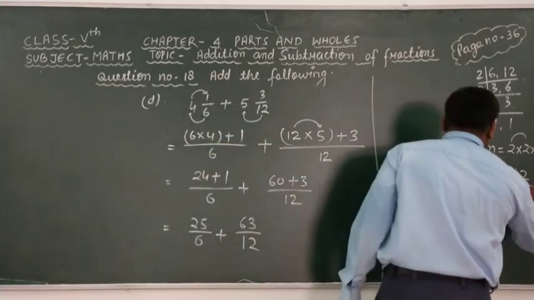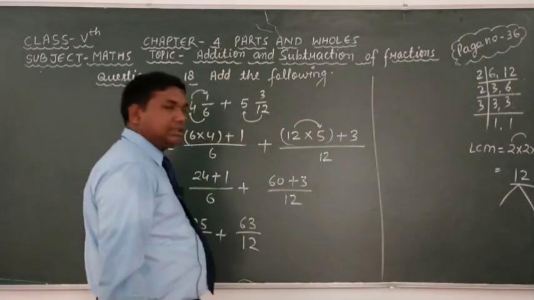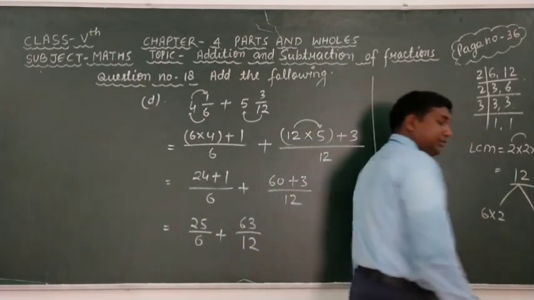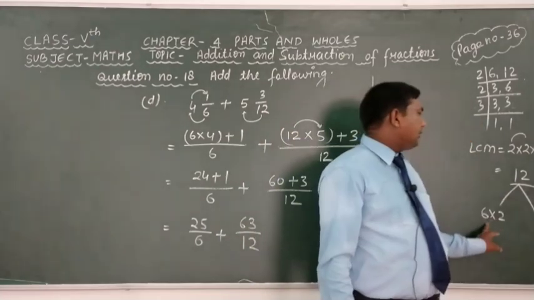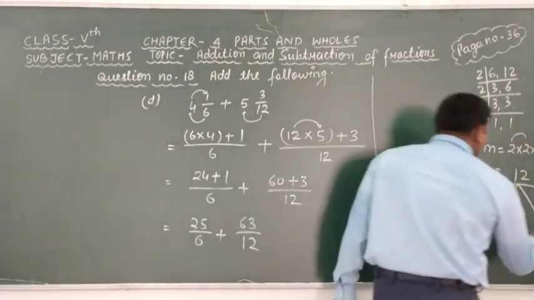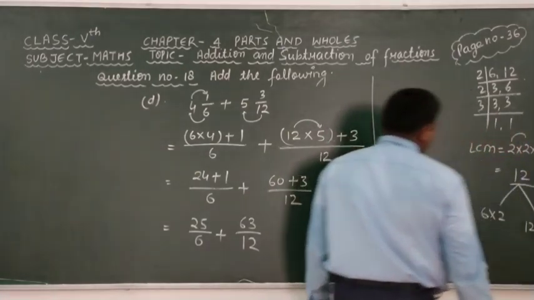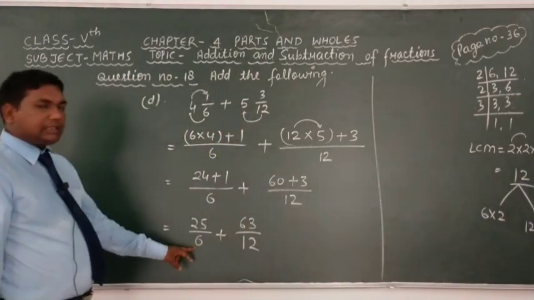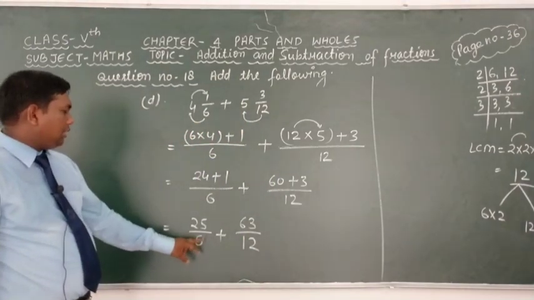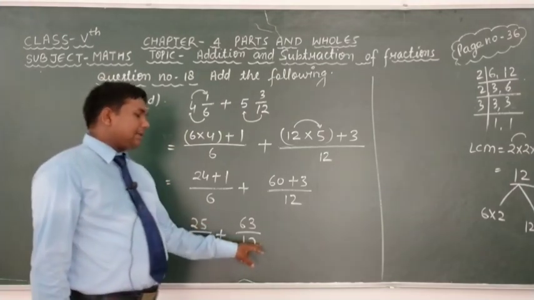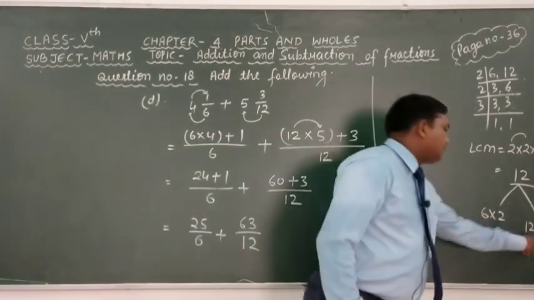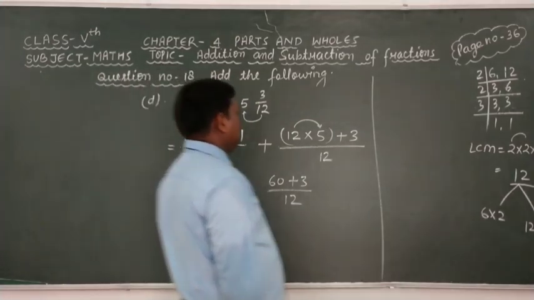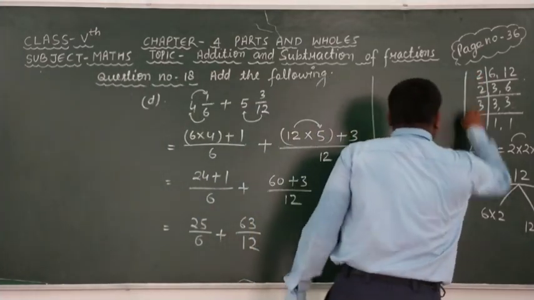Look. Here given that 6, we know that if we take the multiplication of 6 and 2, then we get 12. Similarly 12 ones are 12. Okay. It means that in this fraction we have to take the multiplication by 2 in numerator and denominator, and in this fraction we have to take the multiplication by 1 in numerator and denominator. Okay. Then we get, look at here carefully.